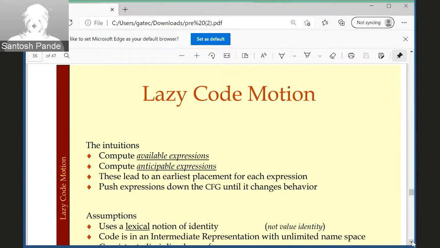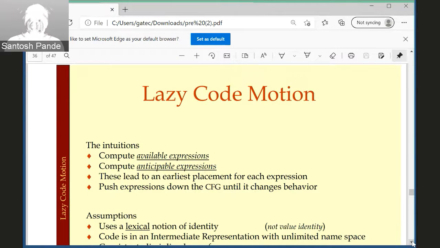Now what is the implication of that? The implication is if we go to an edge or a basic block along which the expression was non-anticipatable, and we put that expression over there, then what is the effect?